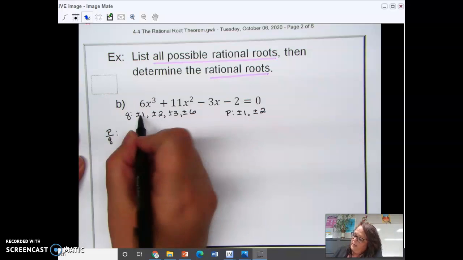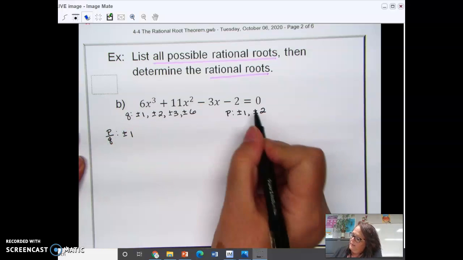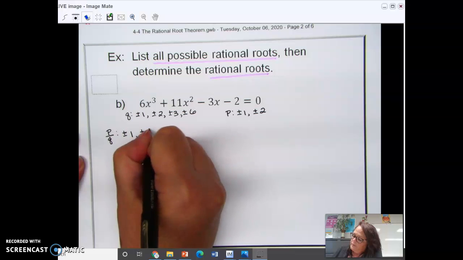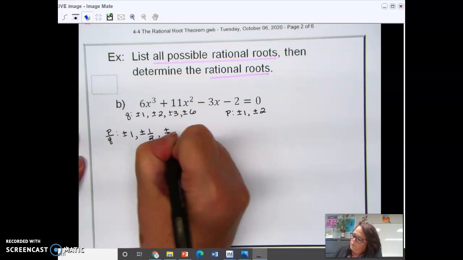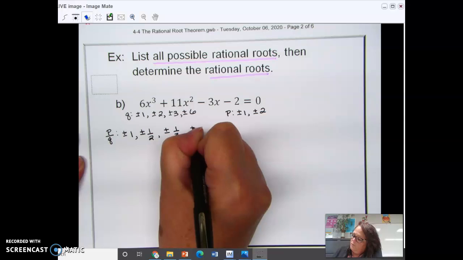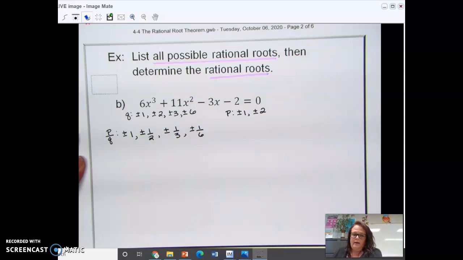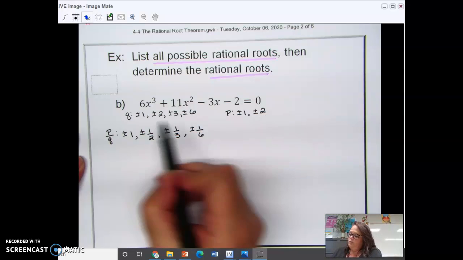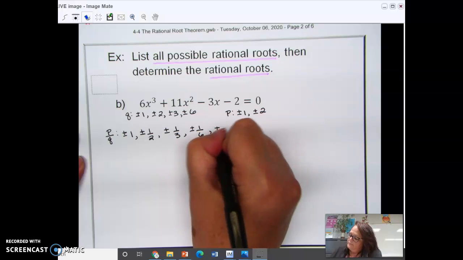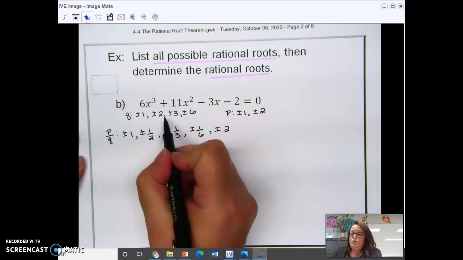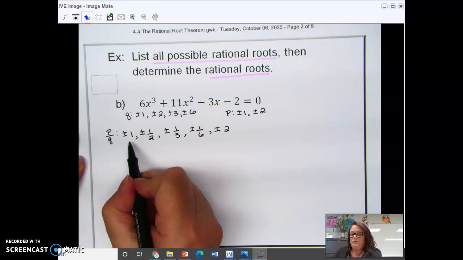So if we start with 1, I get 1 over 1, and then I get 1 over 2, and then I get 1 over 3, and I get 1 over 6, okay? Then when I move on to 2, I get 2 over 1, and I get 2 over 2, but I already have that one, so I'm not going to repeat 2 over 2, which is 1.